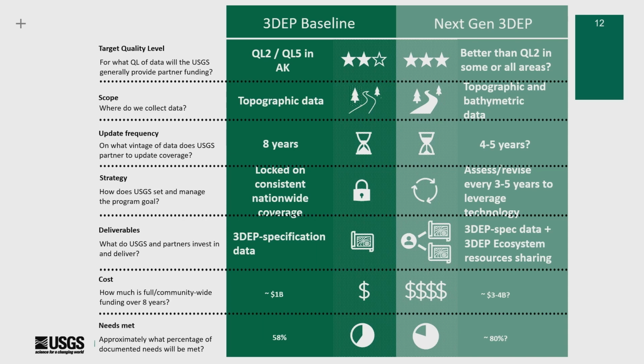That's really referring to how the elevation data integrates with other data sources like land cover or soils or other things that are out there. The cost is going to be a lot more, but it should meet about 80% of users' needs.